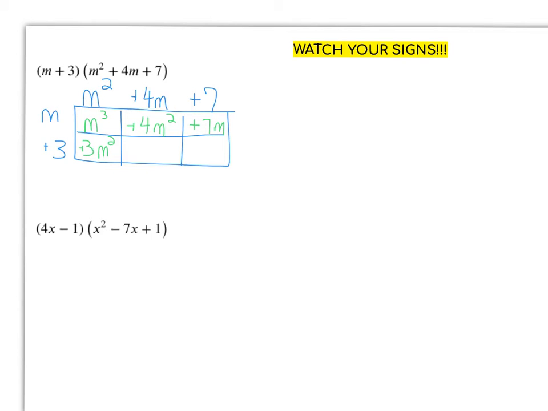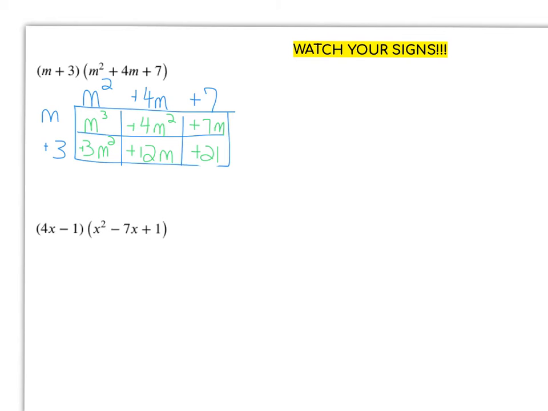Notice I'm writing the sign in front of it so I don't lose it. 3 times 4m is 12m, and plus 7. No. I forgot. It's 3 times 7. I almost messed that up, didn't I? 3 times 7, which is 21.